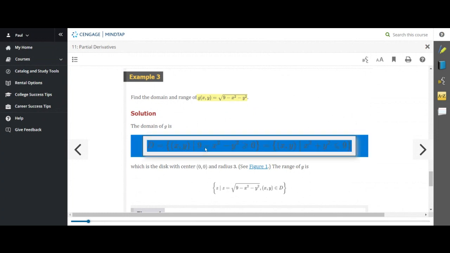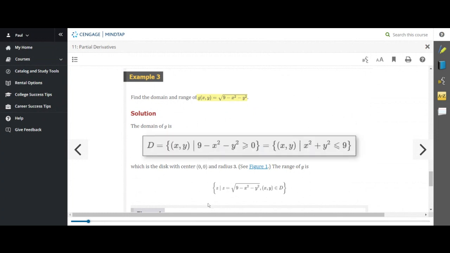Well, the domain, of course, under the square root you have to have values 0 or greater, and so the domain would be given by x squared plus y squared is less than or equal to 9. Okay, so that's your domain of this function.